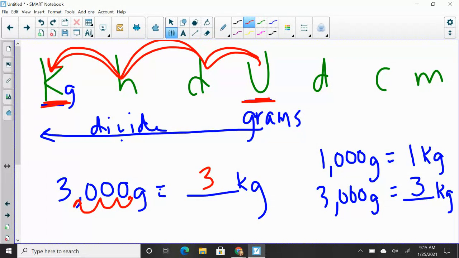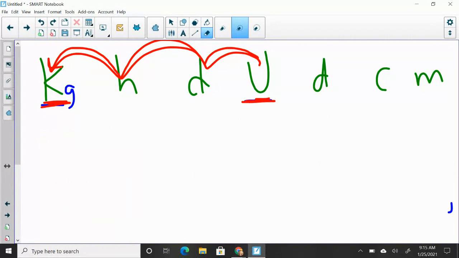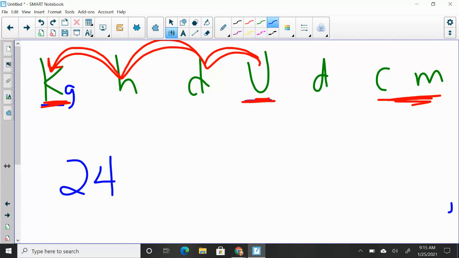Okay, let's do one more. And let's go to centimeters and millimeters down here. So we're going to focus on these two down here. So let's say I have 24 centimeters. How many millimeters is that going to be?